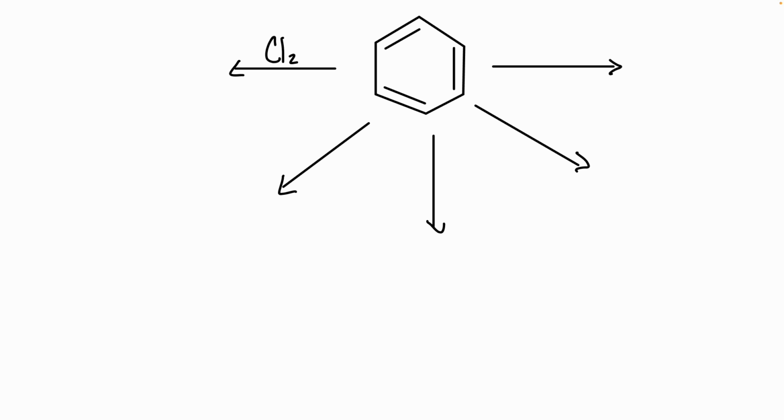We did this with bromine before. Let's just do it with chlorine for the sake of practice. We can do either an iron or aluminum chloride catalyst. We have our nitration, our sulfonation reaction, and then we have our 2 Friedel-Crafts reactions.